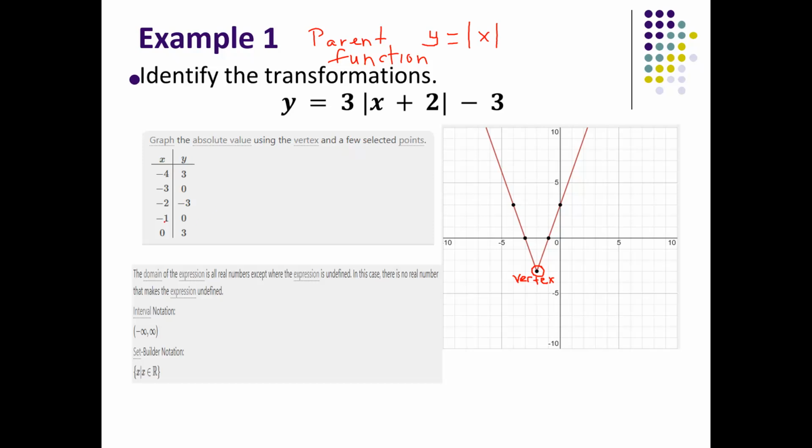And the other one is -1, 0, which are plotted here on the graph. And we also have our y-intercept. So this one is our y-intercept, 0, 3 on the graph. Here's my y-intercept.